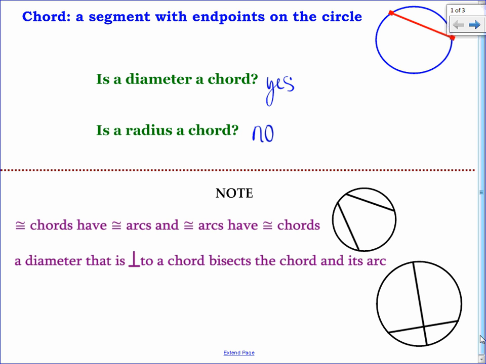What I mean by that is if you have two chords that are the same length as each other in a circle, the arcs that they open up to are also going to be the same length. Okay, so those arcs there are going to have the same measure and the same length. And vice versa. If they tell you the chords are the same, then the arcs are the same, and if the arcs are the same, the chords are the same.